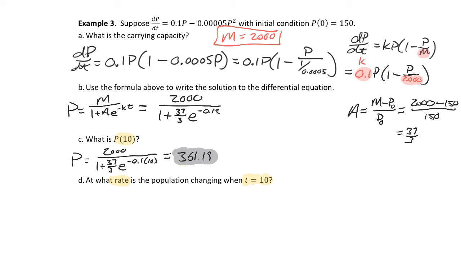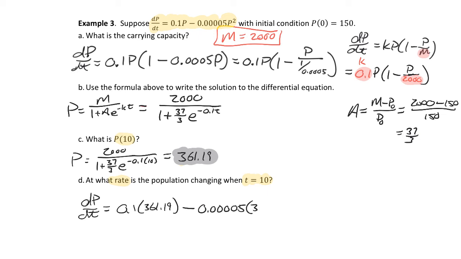And so if I want the derivative at that particular time, I can go all the way back to the original, or one of our factored versions, differential equation, and stick in that number for P. So dP dt, the rate at which the population is changing, is going to be 0.1 times P, which is 361.19, minus 0.00005 P squared.